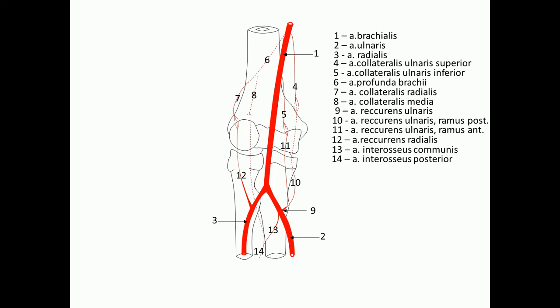From arteria interossea posterior, we designate vessel number 15, also with a dotted line, because it can't be seen inside the deep muscles, arteria interossea recurrens.